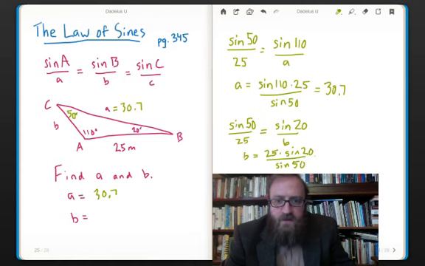And again, you can plug this into your calculator, be sure you're in degrees and not radians. And for B, we get 11.2.